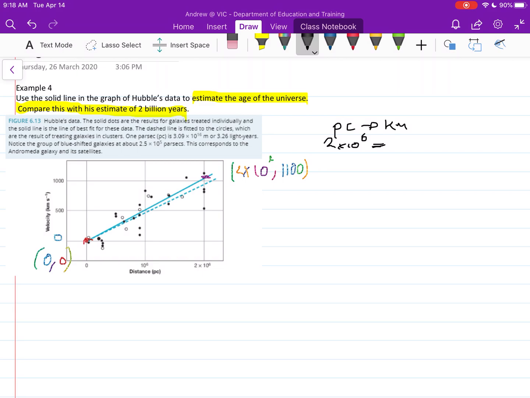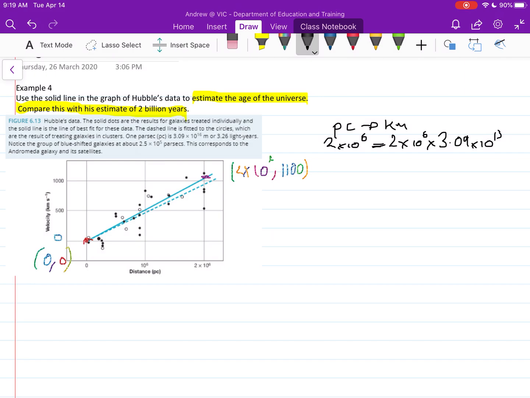So we just do 2 by 10 to the 6, and this is going to be multiplied by 3.09 by 10 to the 13. So just make sure you understand these conversions, okay?